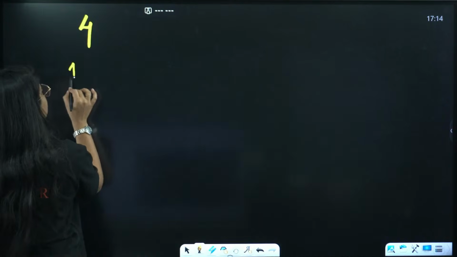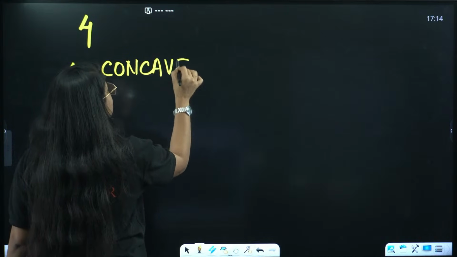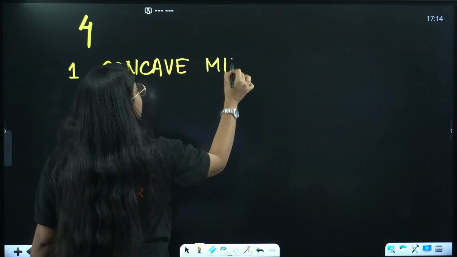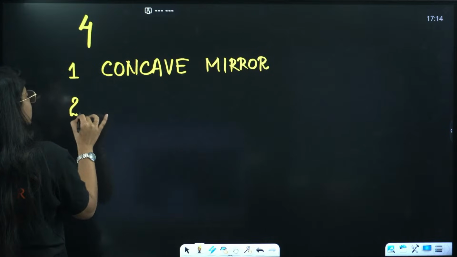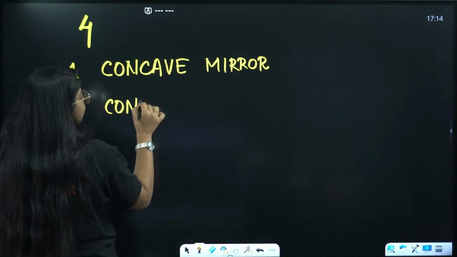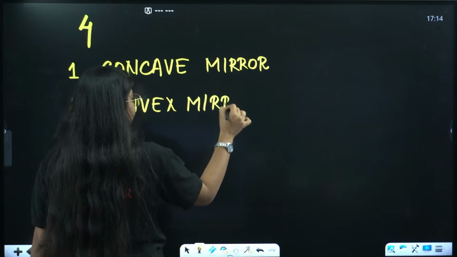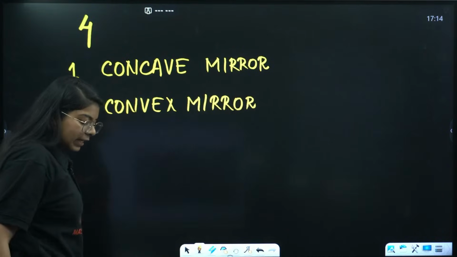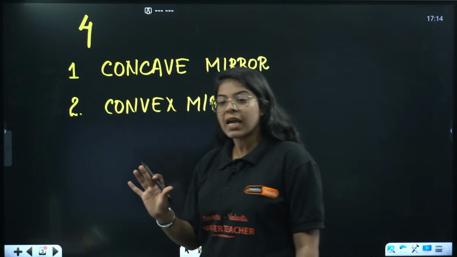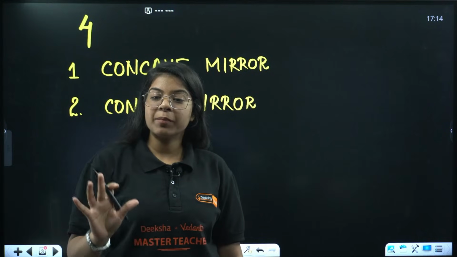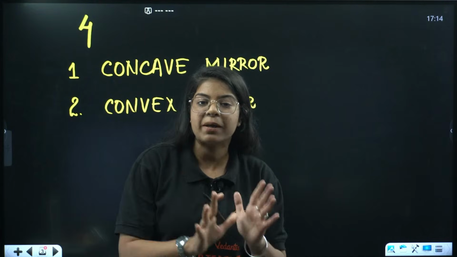What are those optical instruments? First is the concave mirror, right? We have studied about the concave mirror. Done? Second, we studied about the convex mirror. Done? Second was the convex mirror. Till I write, let me know in the chat which part you face the most difficulty in while making ray diagrams.